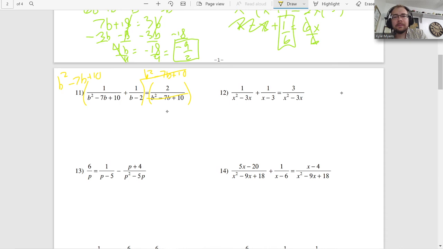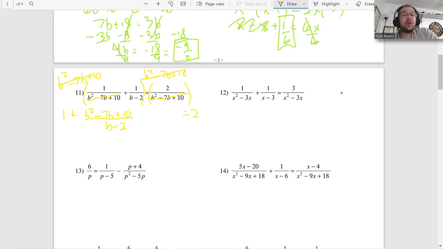That would cancel there. That cancels there. And then if we don't factor, we don't know what cancels and what doesn't. So we would say, okay, b squared minus 7b plus 10 over b minus 2, because we didn't get rid of the b minus 2. We kind of did, because b squared minus 7b plus 10 does have a factor of b minus 2.